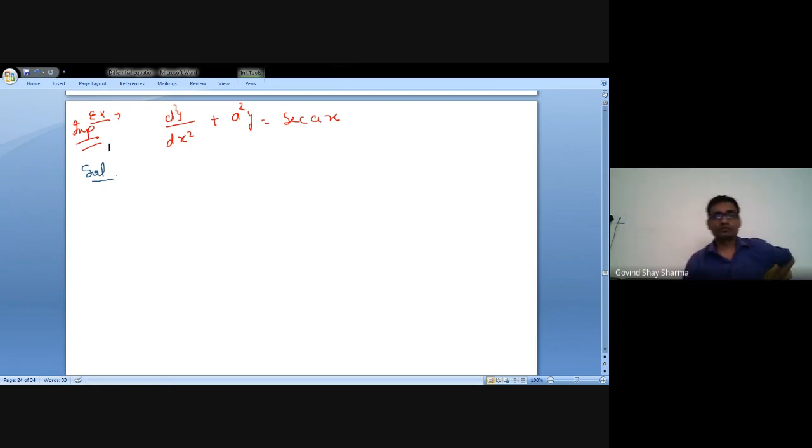See, this is a higher order differential equation. So we find the solution with CF plus PI.